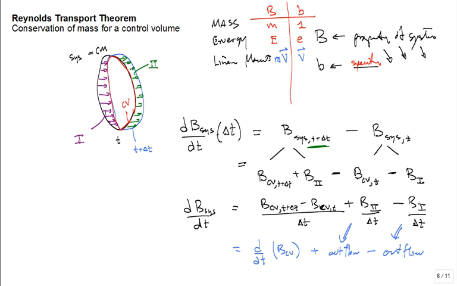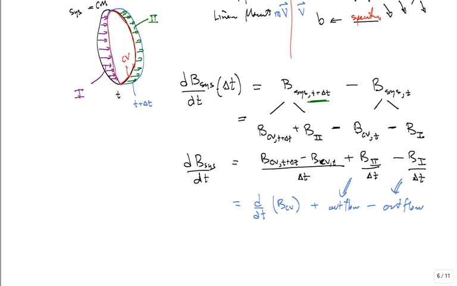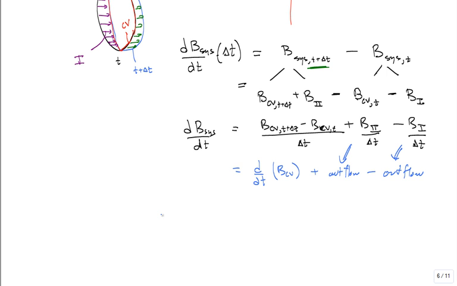Negative of the inflow. Now, we can apply our integrals over a volume. Let's integrate over the control volume. The property that's in the control volume at any instant in time is the integral over the control volume of lowercase b times rho times dV. So that is what gets the time derivative. And then we can combine these.